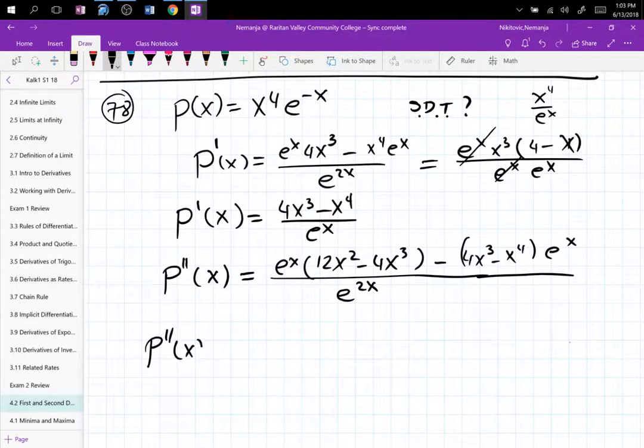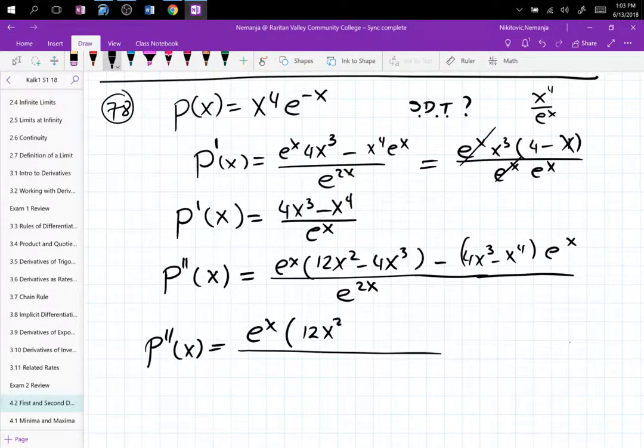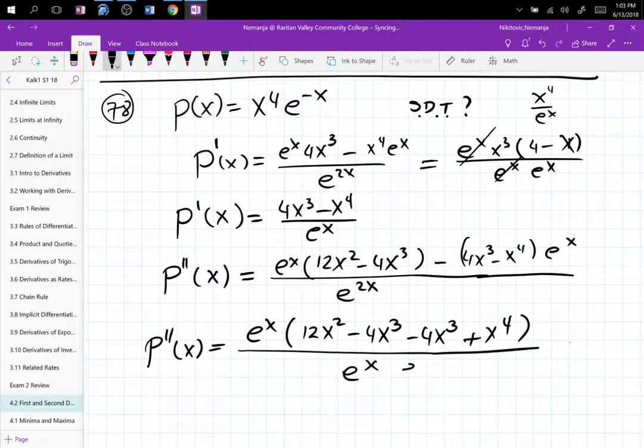So the second derivative is, factor out e to the x, and then just pile up everything here and add and subtract what you can. And then we are going to factor because we have to. I'm breaking up this e to the x so I can kill one.